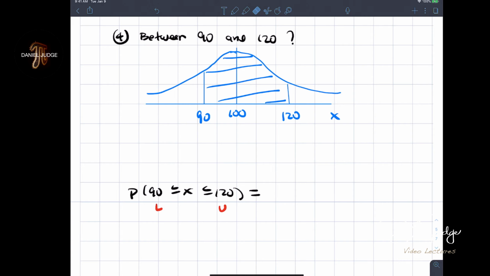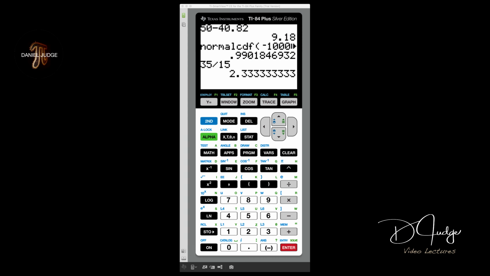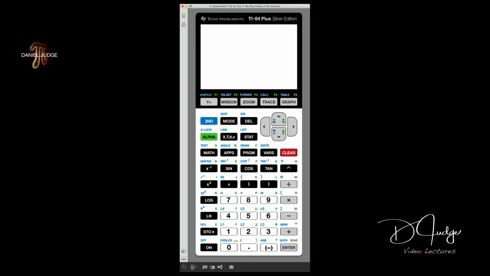Okay, so if I go to that TI now and say, TI, help us out. I want to clear this. Second distribution. Lower value is 90. Upper is 120. The mean is still 100. Standard deviation is 15. We haven't changed our setting.